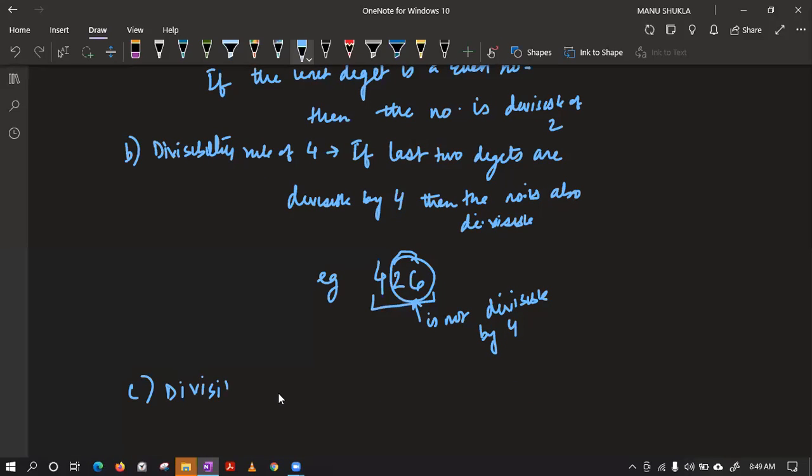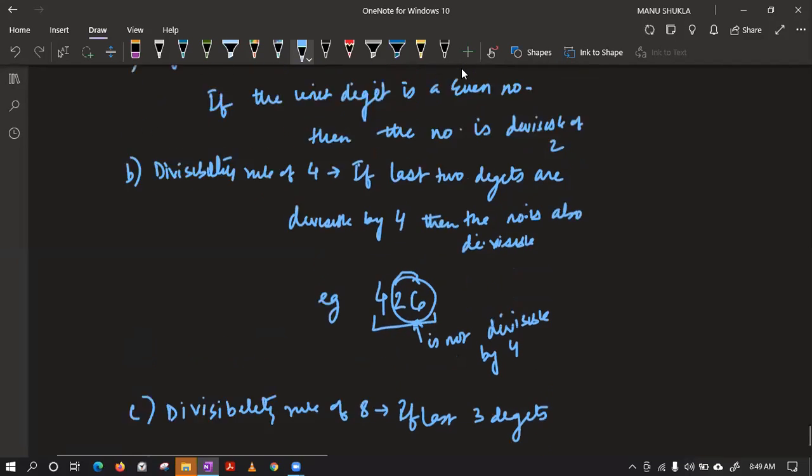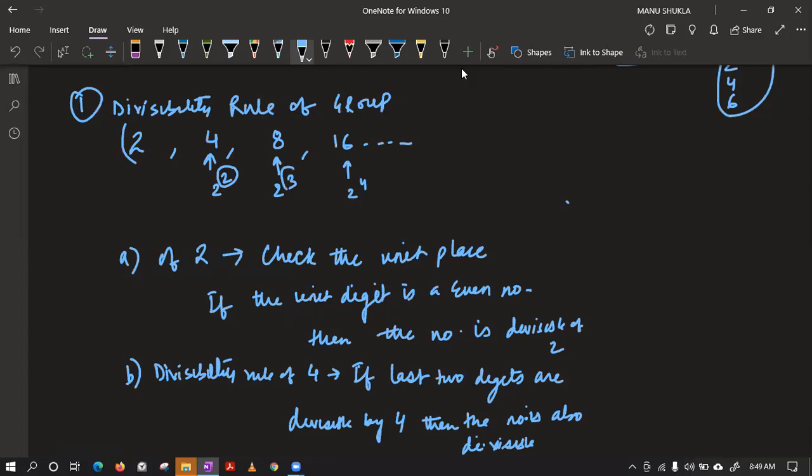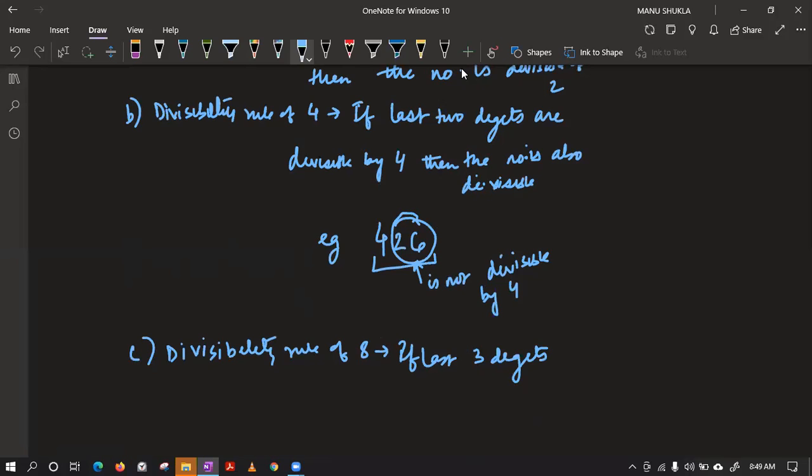For the next number, that is 8, what is the rule? The last three digits should be divisible by 8. Yes, divisibility rule of 8: we have to check the last three digits. The reason is the same, it is 2 power 3. If the last three digits of a number are divisible by 8, then the number is also divisible by 8.